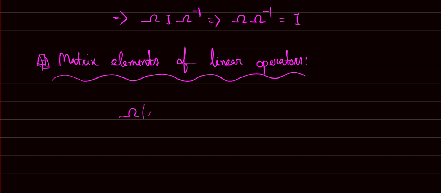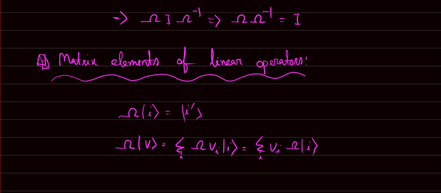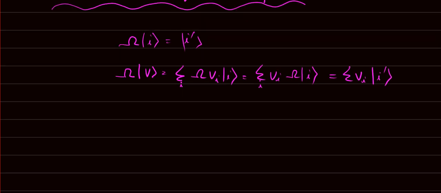Let's say we have an operator that acts on a basis vector and gives us I prime. So we can write now, if we take the inner product of j and I, we'll get j and I prime.